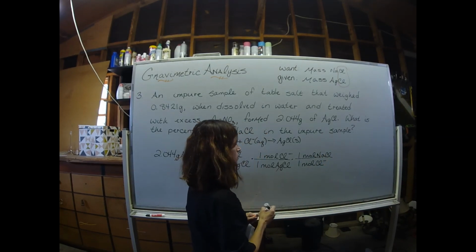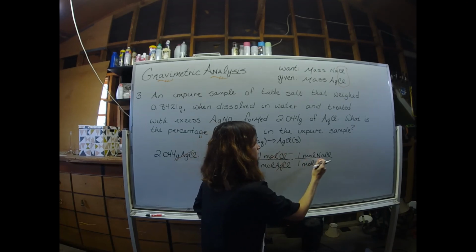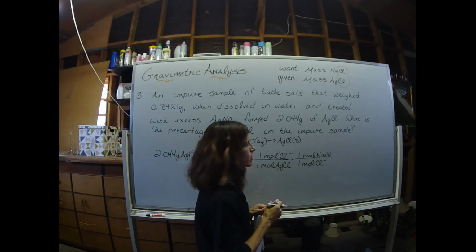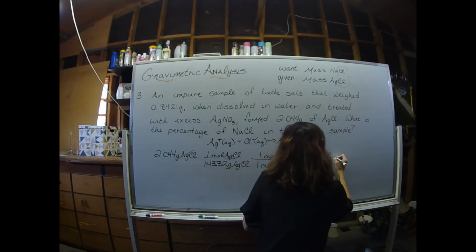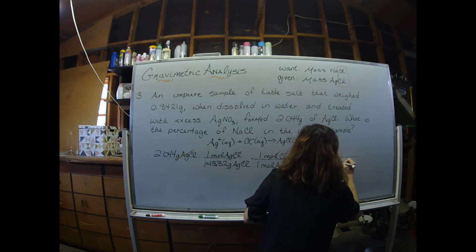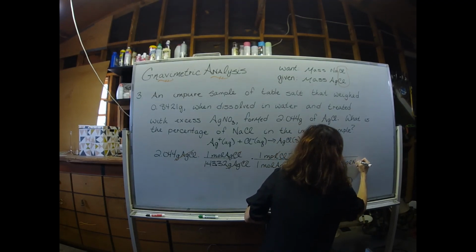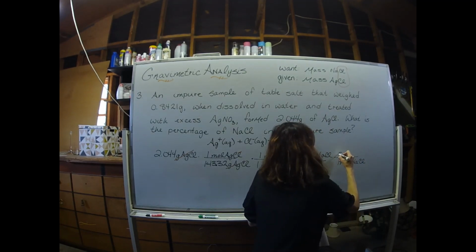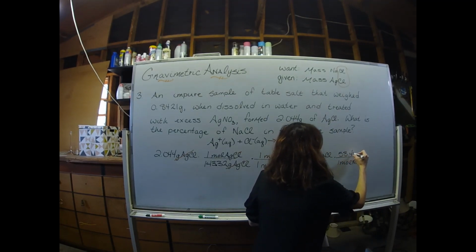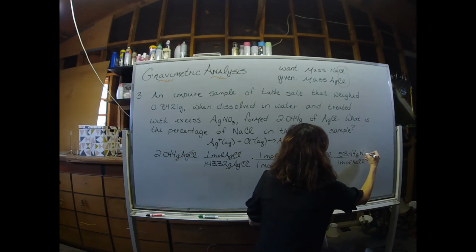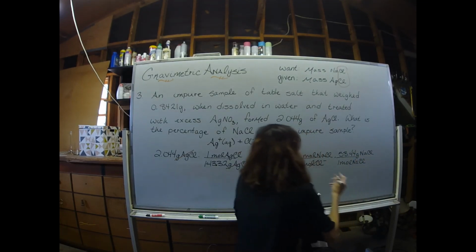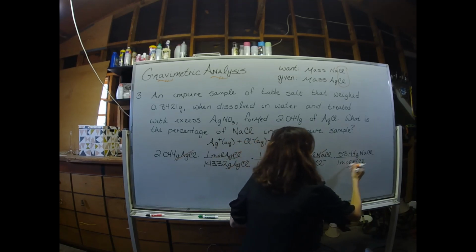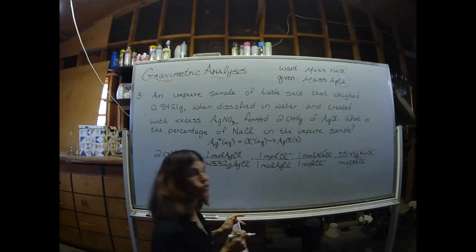Now to wrap things up, since we want the mass of sodium chloride, I'm just going to tack on a molar mass conversion factor at the end, 58.44 grams. All right, so that leaves us with grams of sodium chloride.